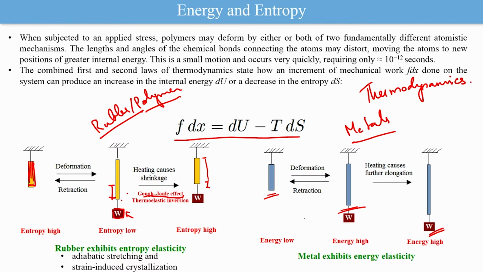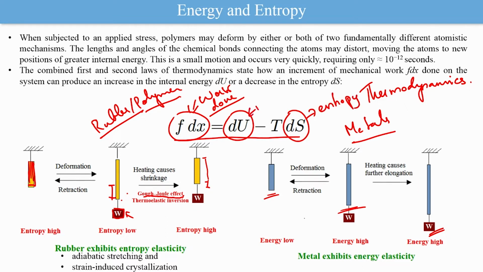So, this F dx, you might already know that it is the work done. This work done can be represented by the changes in both internal energy dU as well as change in entropy of the system, entropy and internal energy.